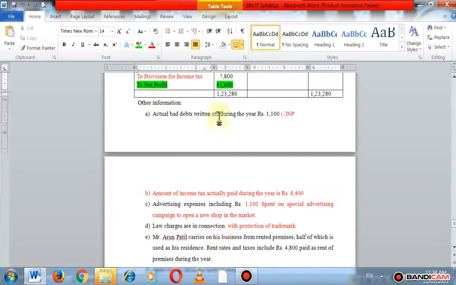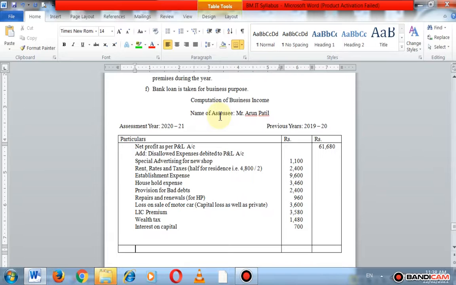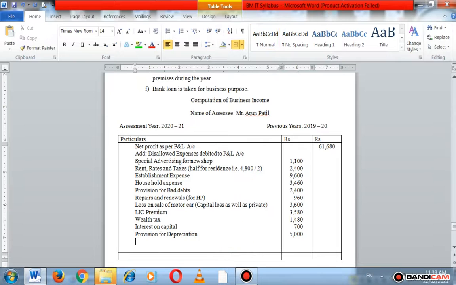Then provision for depreciation is given, 5000, and provision for income tax. So all provisions are disallowed. So provision for depreciation disallowed 5000, and provision for income tax 7800.